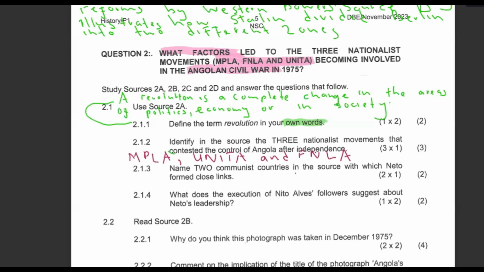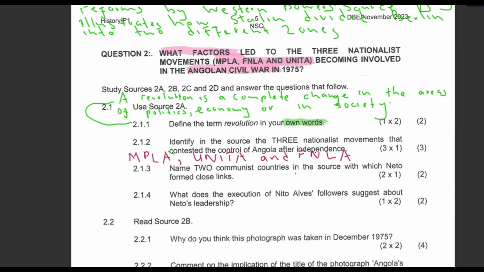These are the three nationalist movements which existed in Angola at the time of independence, that is in 1975.